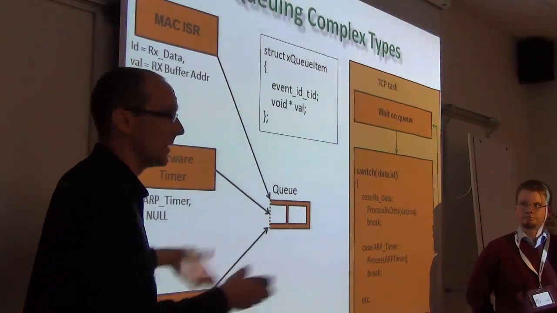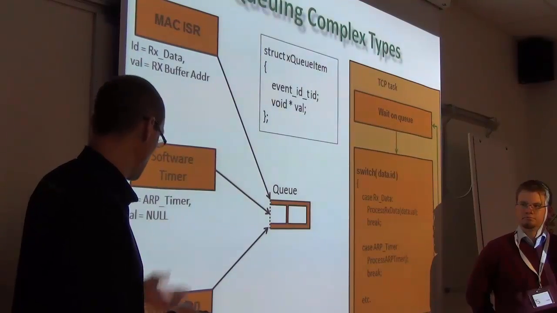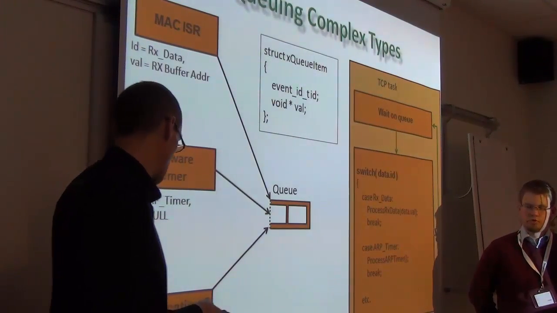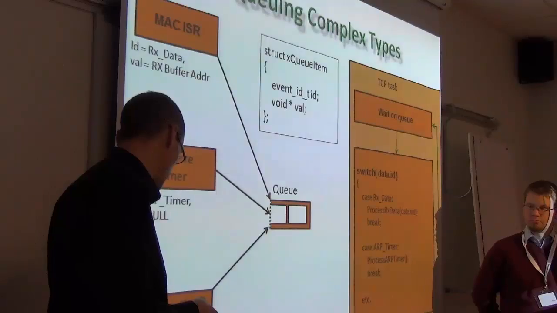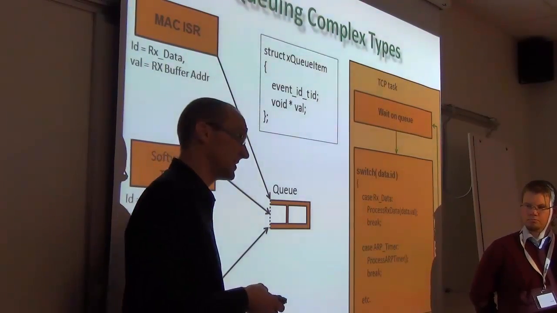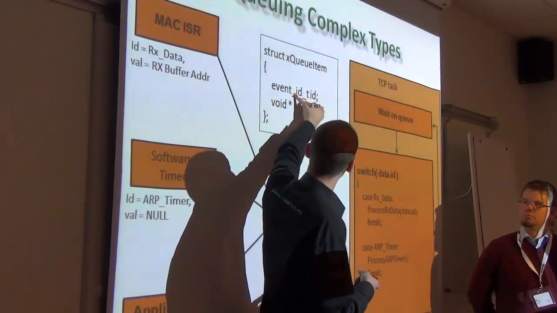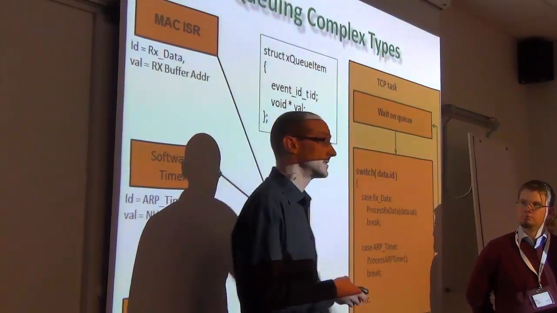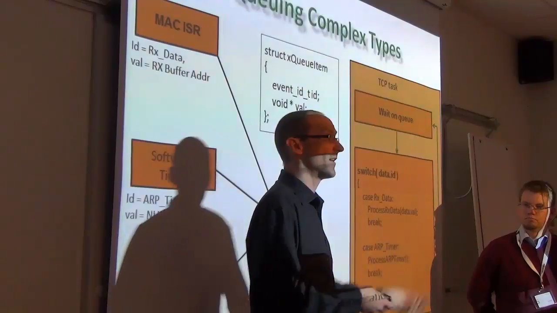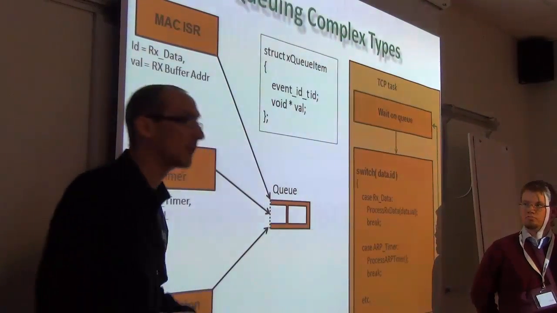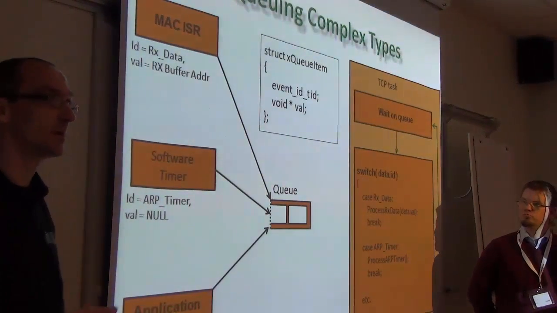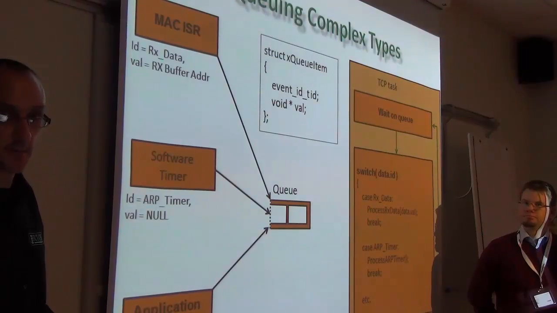If it's an ARP timer, there is no data, so the value is ignored. If the application code is sending data, then the value is set to the data which is being sent out. So you see, the stack checks the ID and then knows how to interpret the value. So it's a very flexible, very powerful, yet incredibly simple way of doing it.